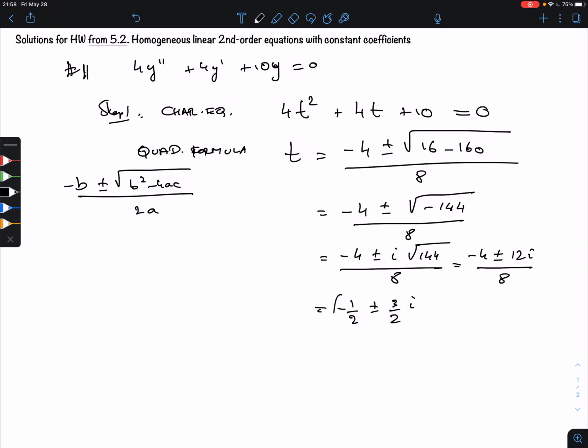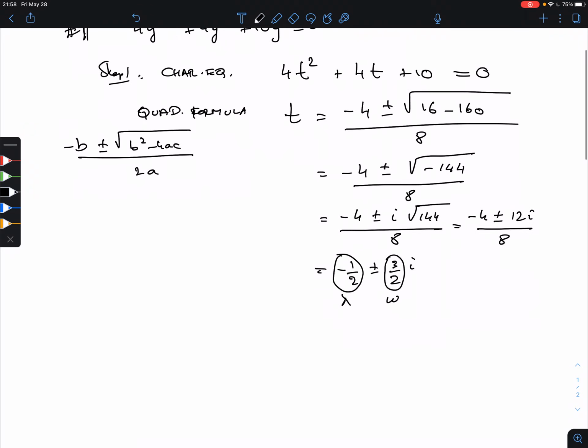So what does this mean? This means this is what we called lambda during the lecture, and this is what we called omega. So we know now that the general solution, so this is step 2, the general solution is a times e. So what do we do with the lambda?